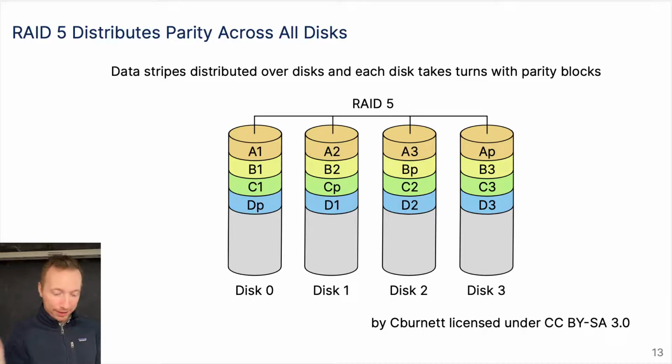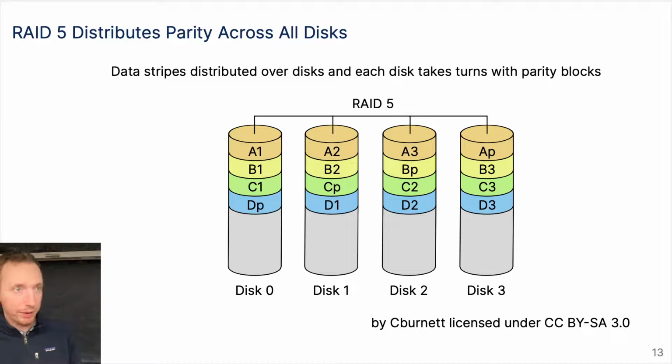But if disk 2 dies and I want to get A3 back, I have to calculate it back. So it's going to be a calculation step, and it's going to perform a little bit slower if you have 1 dead.